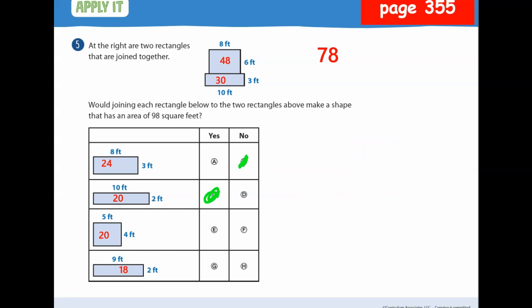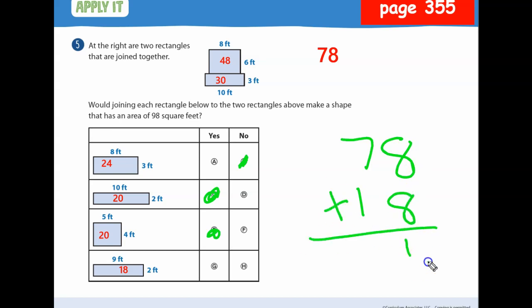How about the next one? Yeah, because it's 20. How about 18? If I add it to 78, let's see. 8 plus 8 is 16. 7 plus 1 is 8, plus 1 more is 9. Is that 98? No. So it's no for that one.